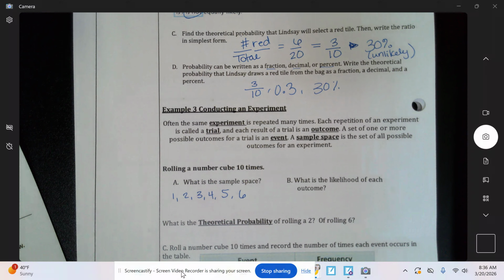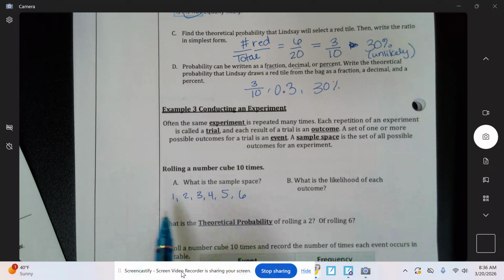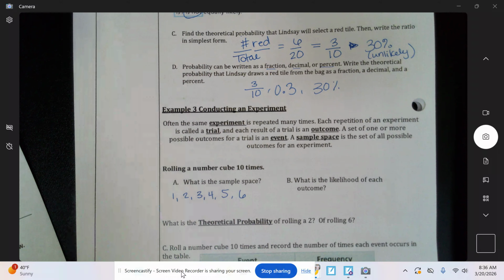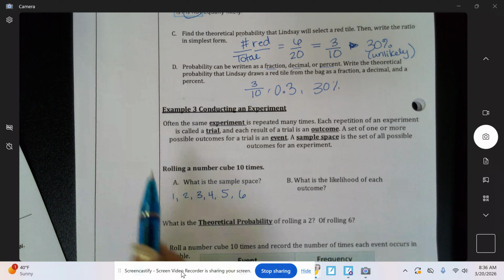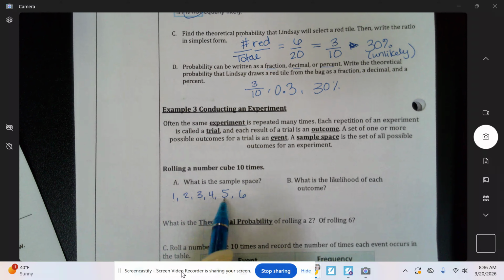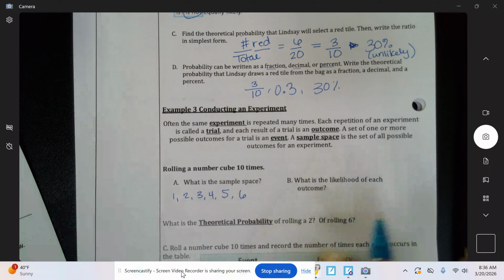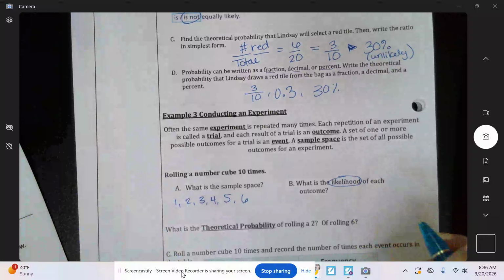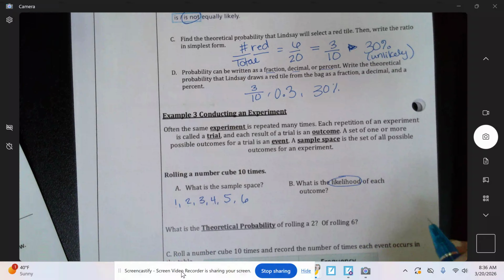What is the likelihood of each outcome? Well, do any of these repeat? No, they all have one chance out of a total of what? 6. Out of 1, 2, 3, 4, 5, 6. Okay? So, how do we figure out likelihood? We've got to convert it to a percent, right?